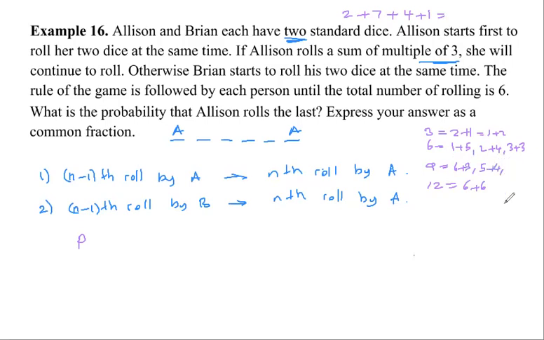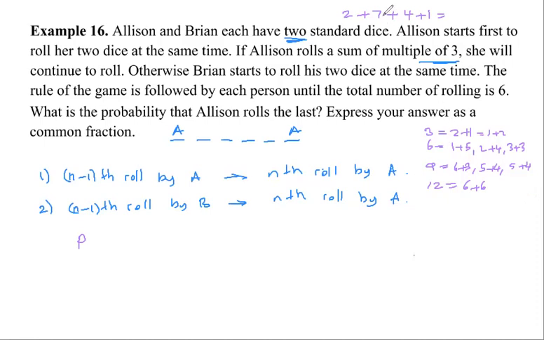So that's what I'm confused about. So that's 4, 5, and then we have 5, 4. But that's those 4 things, right? You have 2 different ways, Allison or Brian. So basically you have 16 different ways that can work, in simplest form.